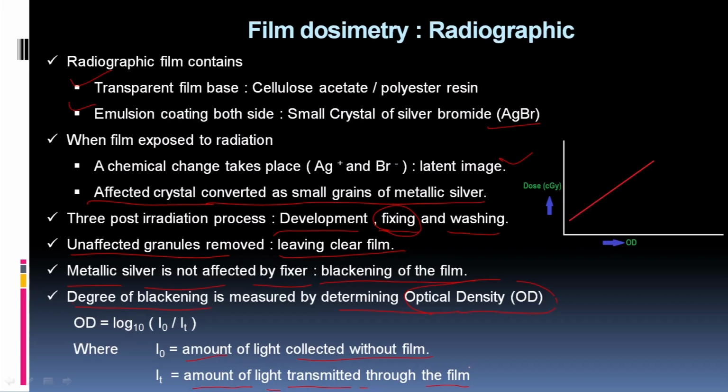If we plot the optical density against the dose for known dose exposures, we will get a calibration curve, and from it, for any unknown radiation with a particular optical density, we can get the dose received by the film. So first we need to calibrate the film, and then we are able to measure the dose received by the film.